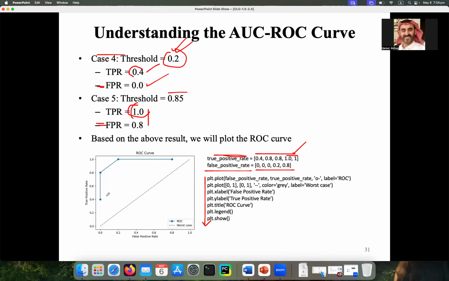So this is the diagonal, and by using these values, it is displaying that roc curve. This is the worst case. You know that this diagonal normally represents the random approach. These are FPR values, these are TPR values, and it is displaying the auc-roc curve simply.